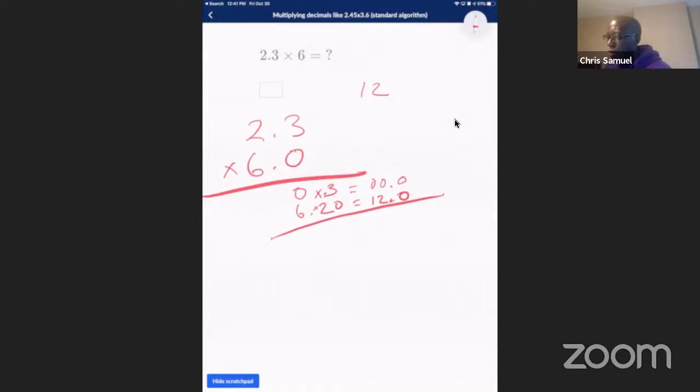And then we do 6 times, oh, I see what happened. Then I'm missing one more. So you have 6 times 6.0 times 6.0 times 0.3, like that. And that will leave us with, because I can think of 6 times 3 is 18. But we know, since we have this 0.3 here, that we're going to do something like this.